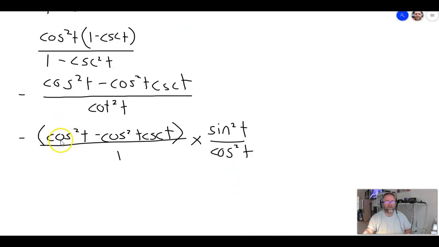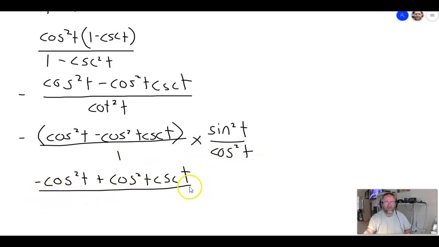So this is negative cosine squared of t times sine squared of t, and then plus, because the negative times the negative gives a positive, cosine squared of t times the cosecant of t times sine squared of t, all over the cosine squared of t on the bottom.